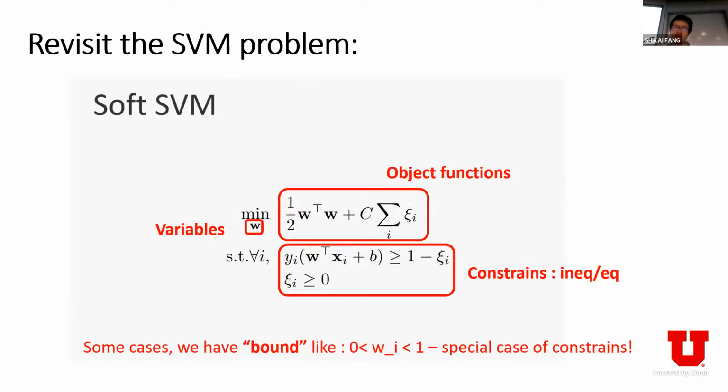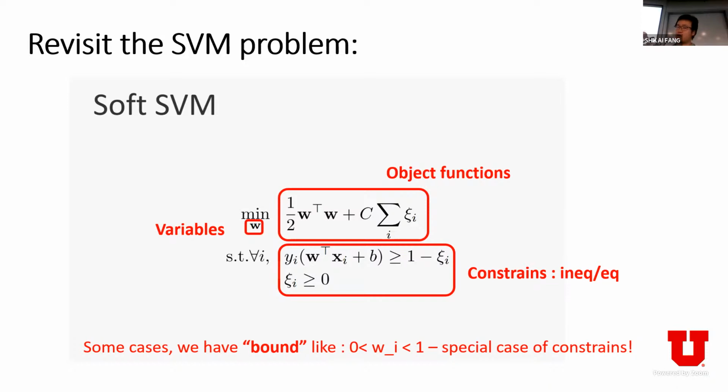Here I revisit the SVM problem, because you have not reached it in your lectures, so you don't have to get the details here, like what W exactly means. Just keep in mind these are optimization functions with constraints. W is something you have to optimize, you have to learn.